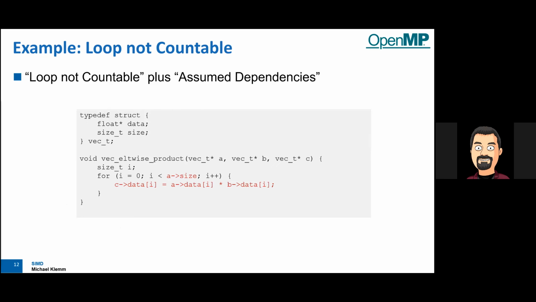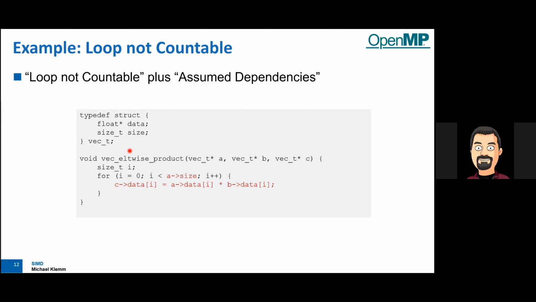All right, here's now an example of what can go wrong in languages like C. A typical compiler may say to you, this loop is not countable, plus it has assumed dependencies. What I'm trying here is, I want to be a good software engineer by defining a vector type that contains the data of the vector, and then it has a dimensionality or size of that vector, and I'm wrapping that in a struct to make sure that I keep that information together.